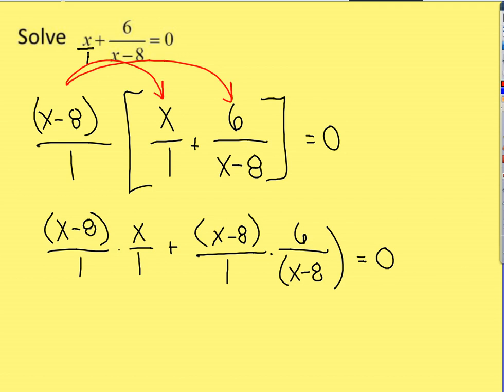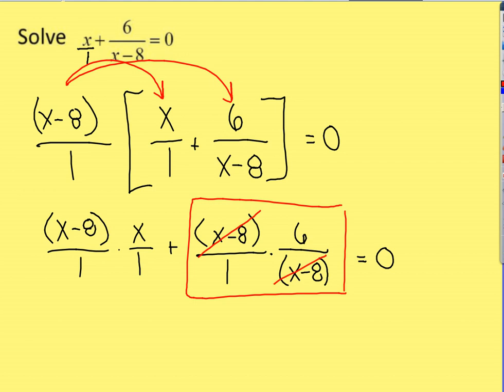Now if you notice on the second part after the plus sign, we have an x minus 8 on top and an x minus 8 on bottom, and we're multiplying, so these can cancel.